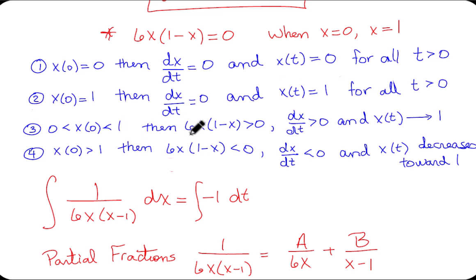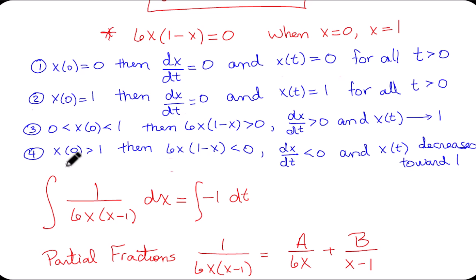Well, in that case, then the right-hand side would be bigger than 0, which says that the derivative is positive, and if the derivative is positive, then my solution will be increasing. Well, increasing to what? Well, it's increasing to 1 because once it gets to 1, the derivative is 0.